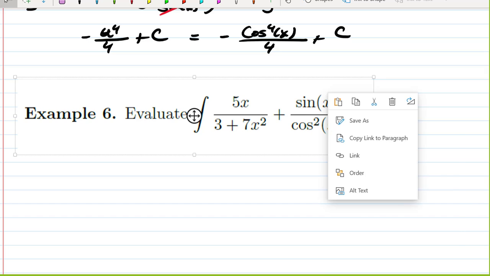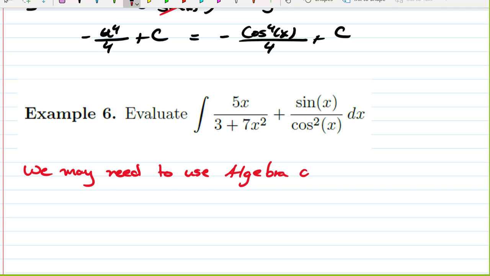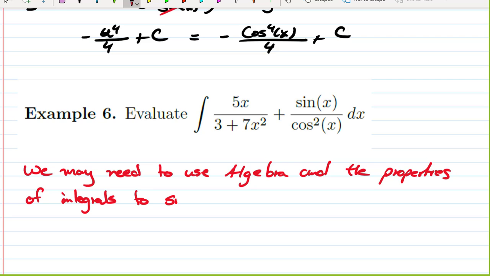So we're going to want to use some algebra and the properties of integrals to simplify this.